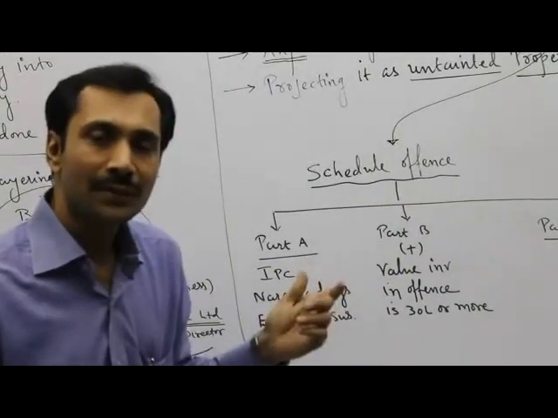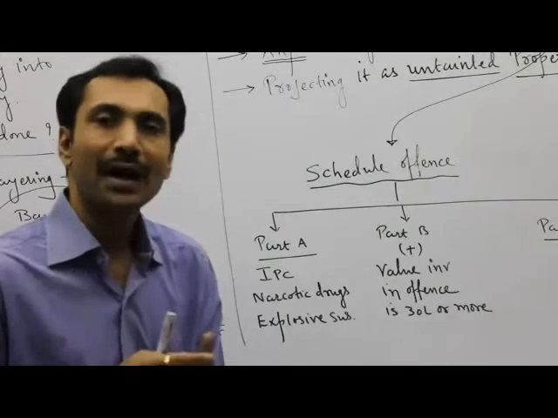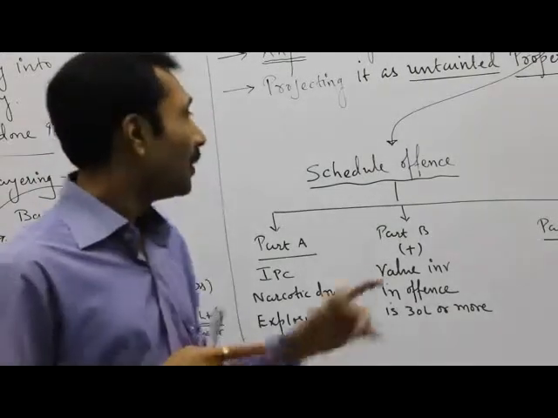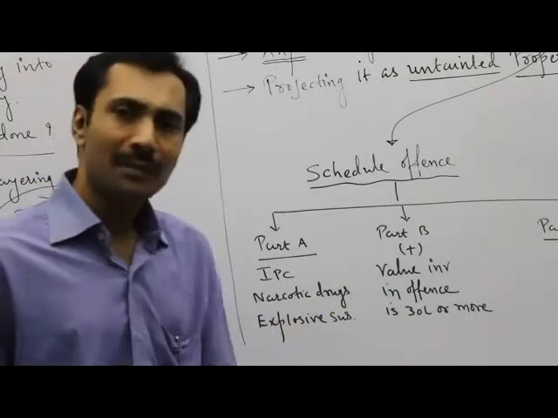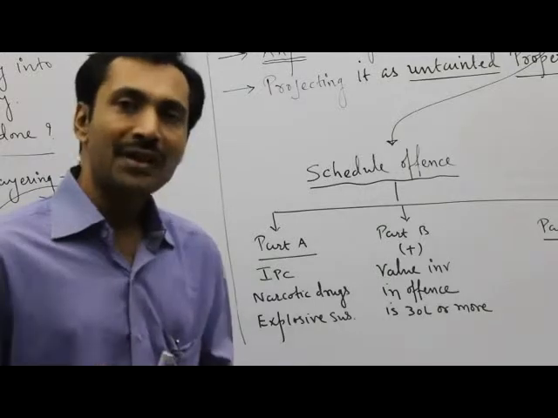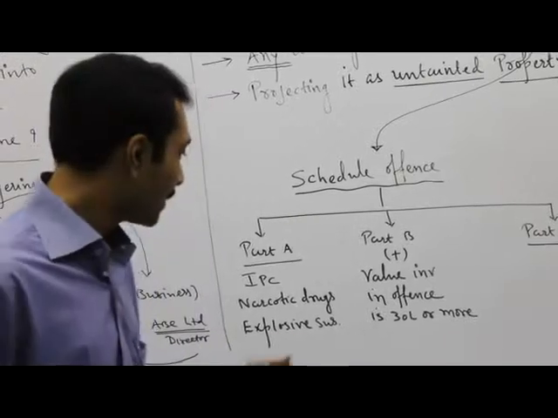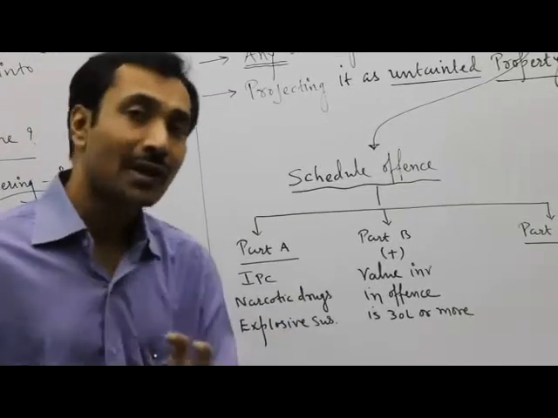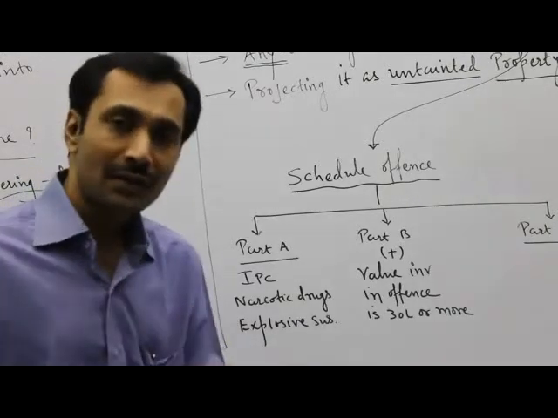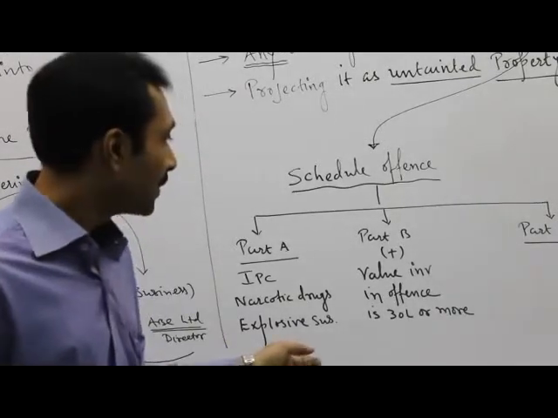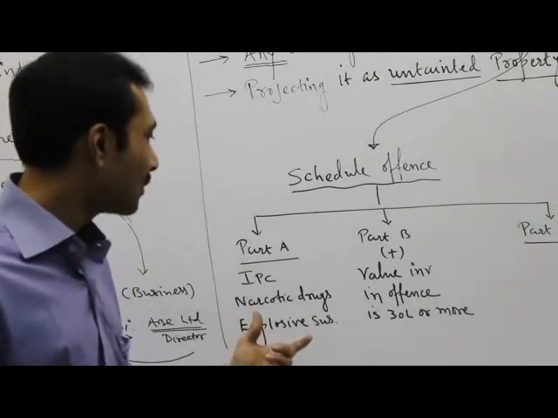Scheduled offense means the offense specified in Part A, Part B or Part C of the schedule of the Money Laundering Act. In Part A, for example, in the IPC, Indian Penal Code, certain offenses are covered. Any offenses with regard to narcotic drugs, human trafficking, any offense involving explosive substances, Part A of the schedule covers that.